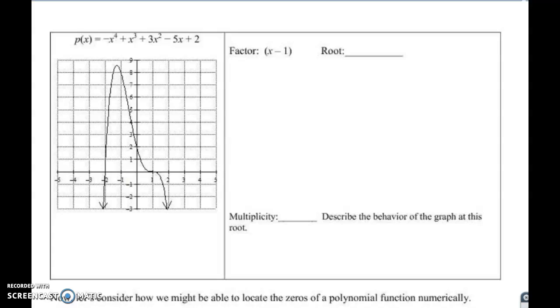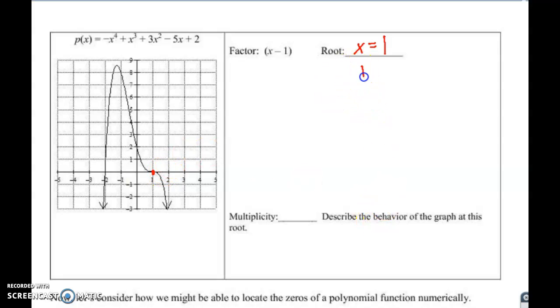So let's see if we can get the next one. Maybe you're making a conjecture already about the multiplicity at x equals 1. So looking at x equals 1, does it go straight through? Does it bounce? Does it go through and change concavity?